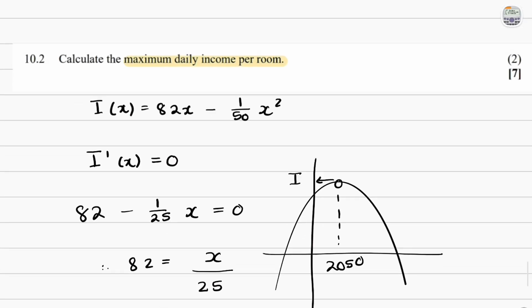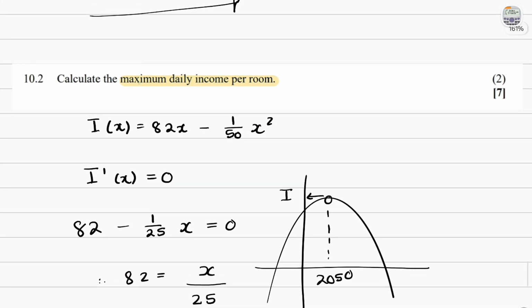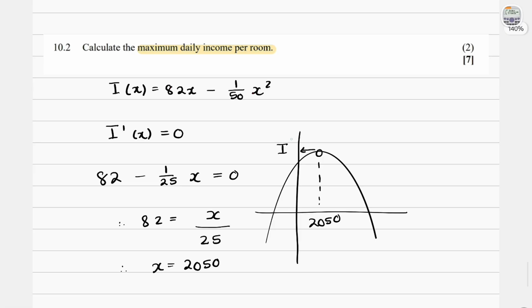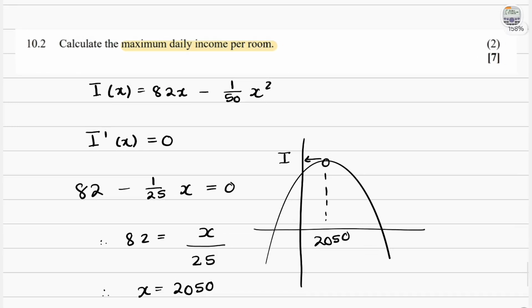Now, read into the question. They specifically say, calculate the maximum daily income per room. So it seemed like they were referring to this amount. But here's the difference between I and x.